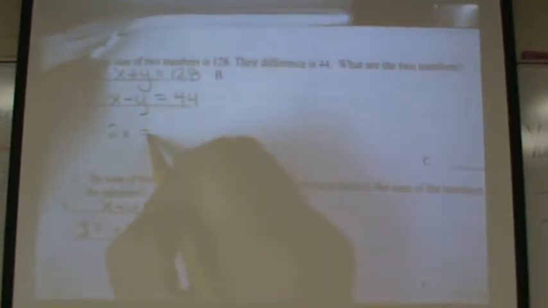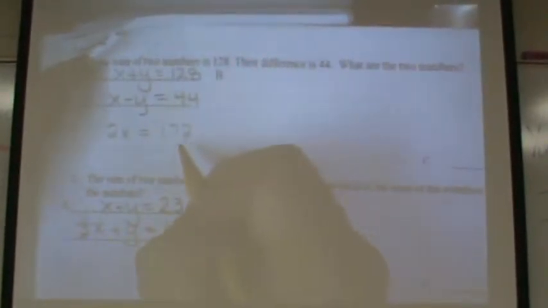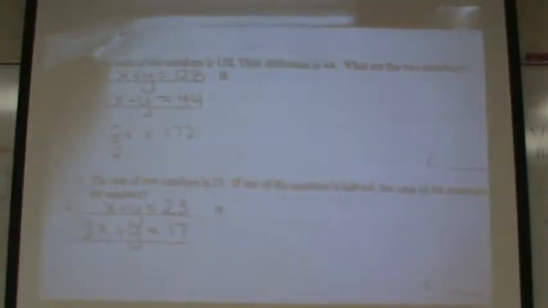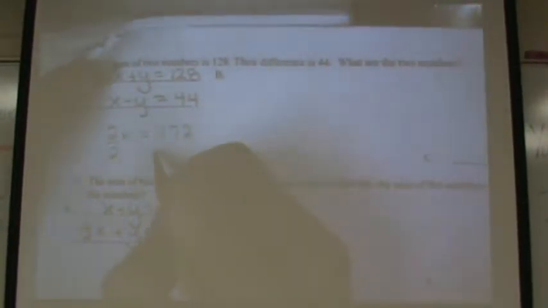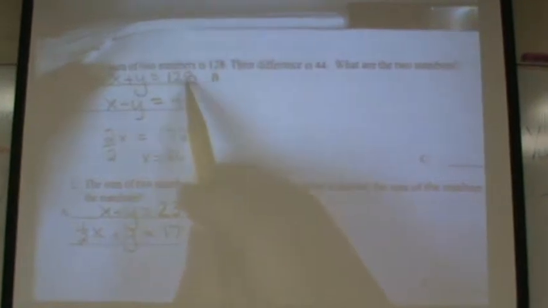You end up with 2x is equal to 172. Divide by 2. So 172 divided by 2 is 86. And then 128 minus 86.